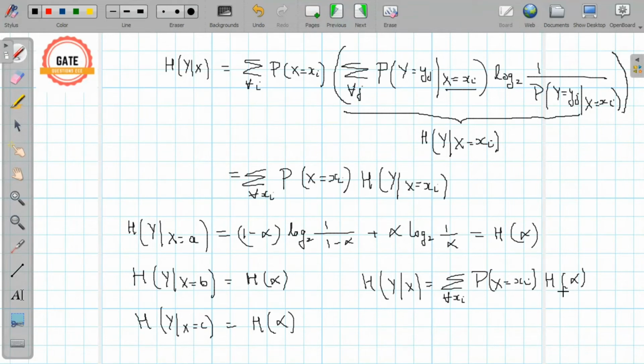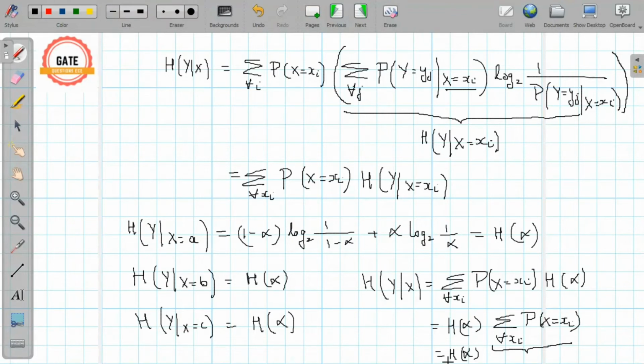Since it is independent of input probabilities, we can take this term out of the summation. So we can write it as H of alpha times the summation over all values of input probability X is equal to xi. And we know this term, the sum of all the probabilities of input, is equal to 1. So this transition entropy is nothing but H of alpha.